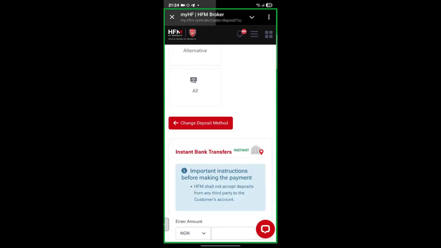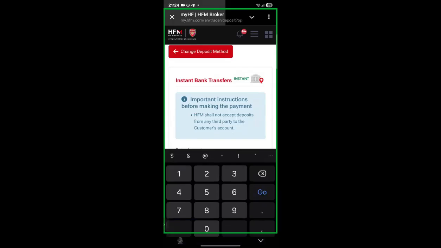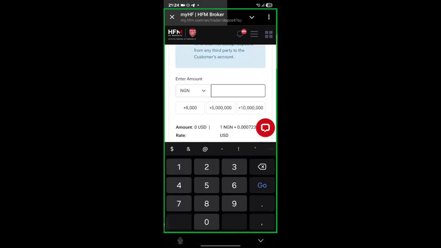Now in Forex, you need to understand something. The more you deposit, the more you can raise, the more money you can make. If I deposit $10 to trade, and let's say I take trades, and at the end of the month I make 50%, that 50% profit is going to be $5.